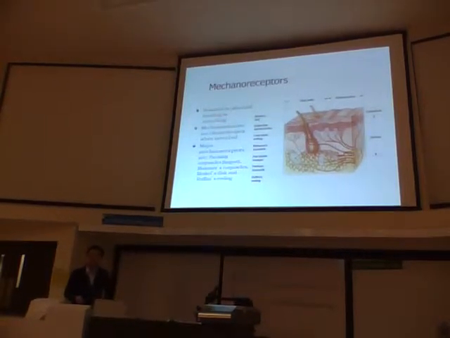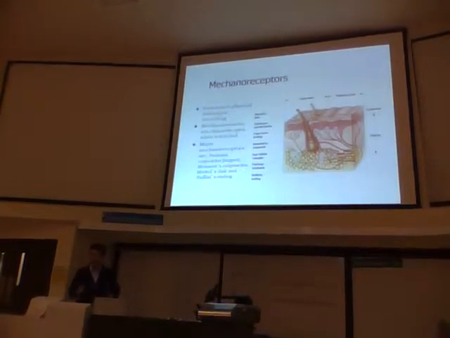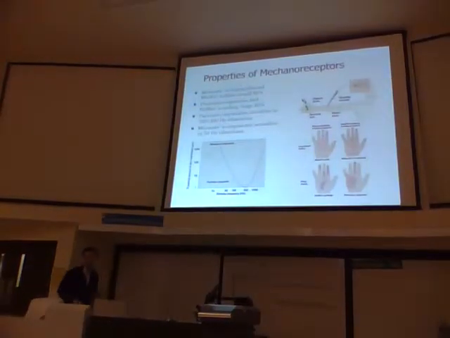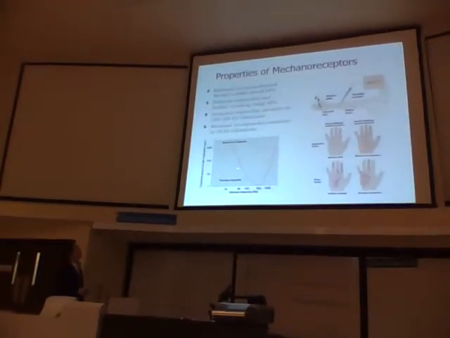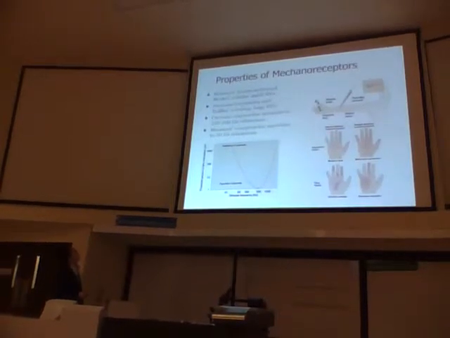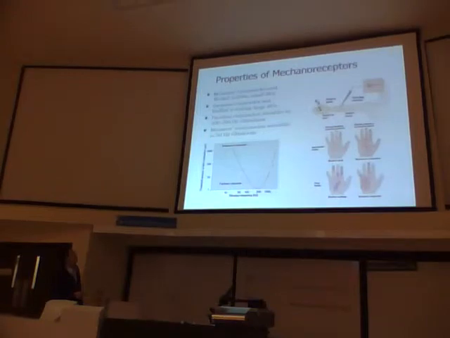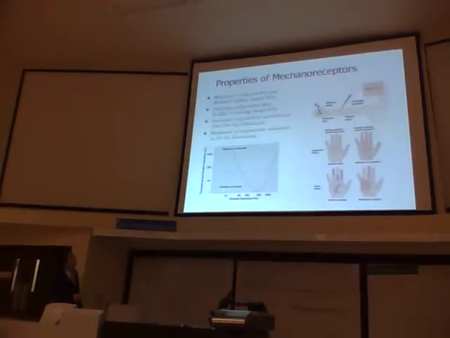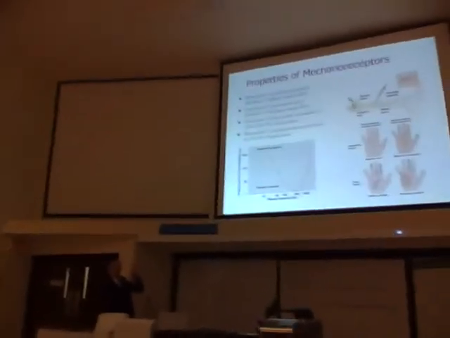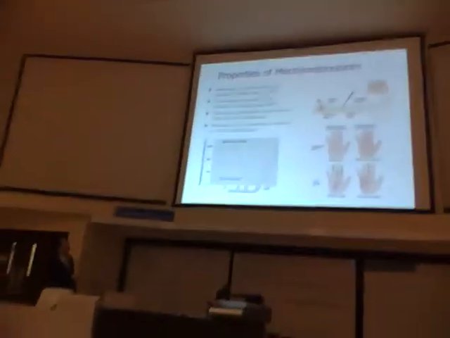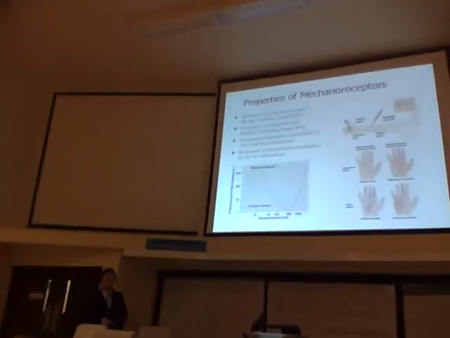And each one of these receptors is attuned to specific frequencies of touch. So the Meissner's corpuscles are most sensitive to around 50 hertz vibration. What you're looking at here is a plot of the stimulus frequency versus the threshold amount of skin pressure in millimeters that's required to excite either Meissner's or Pacinian corpuscles.